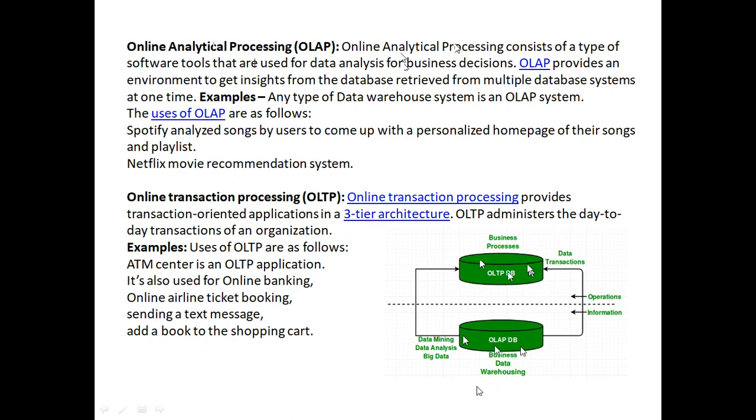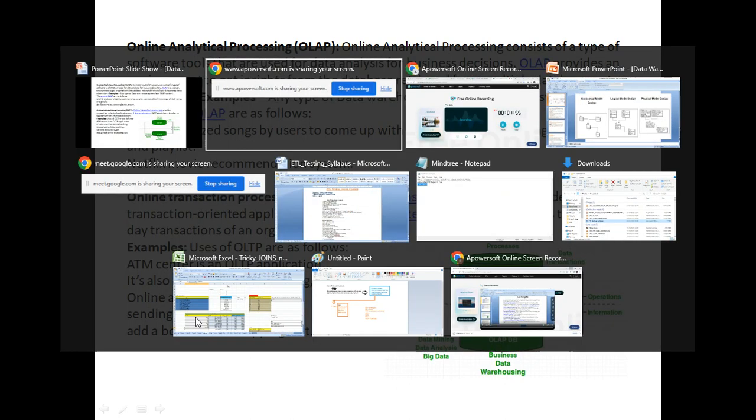Ideally, whatever is there in OLTP will be pushed to OLAP. OLTP administers the day-to-day transactions of an organization. Examples are your ATM, as I told you, your online booking, and all those things.